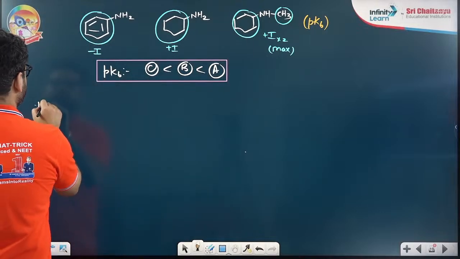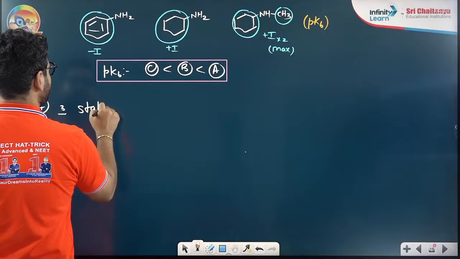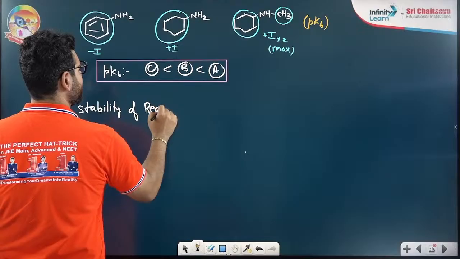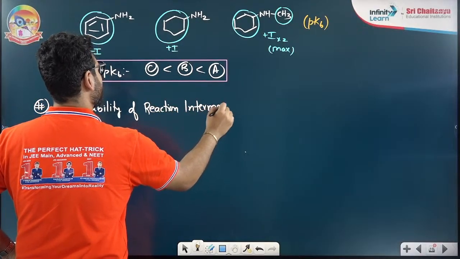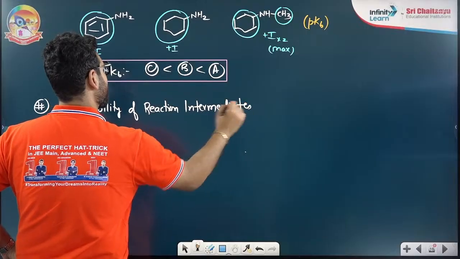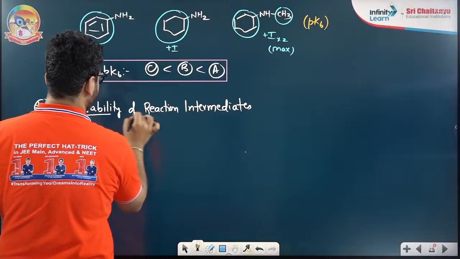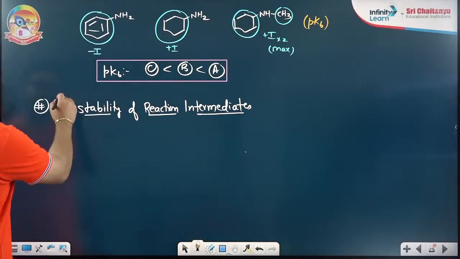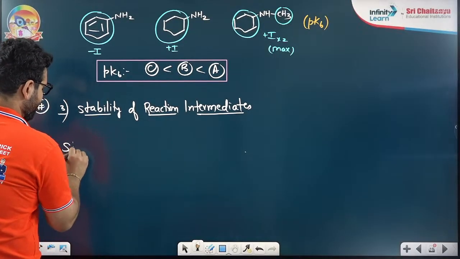So here we see the third application, which is stability of reaction intermediates. There are 3 intermediates that they will ask you. First one is carbocation.